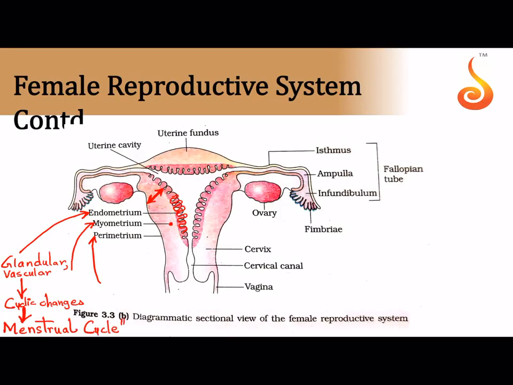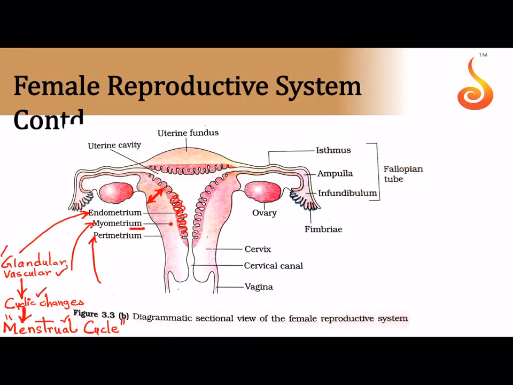We will be learning the details of the menstrual cycle subsequently. So this is the innermost layer, the endometrium. It is glandular, richly supplied with blood, and undergoes cyclic changes every month during the menstrual cycle. Not in all animals, in female primate mammals only.